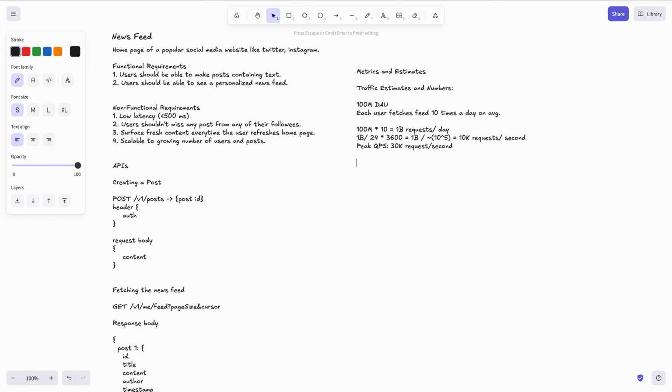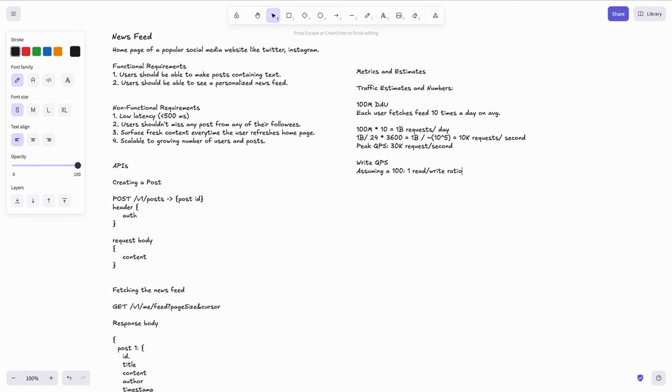Now let's also take a look at the write QPS. So assuming a read to write ratio of 100:1, and this would be a fair assumption for a newsfeed application like Twitter, where most of the users are consuming the content.